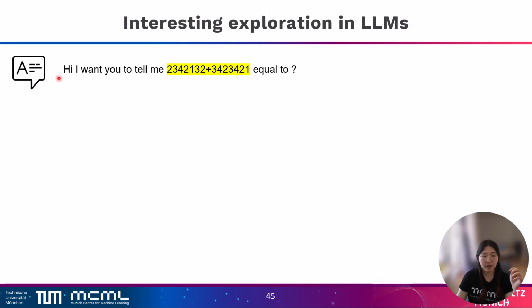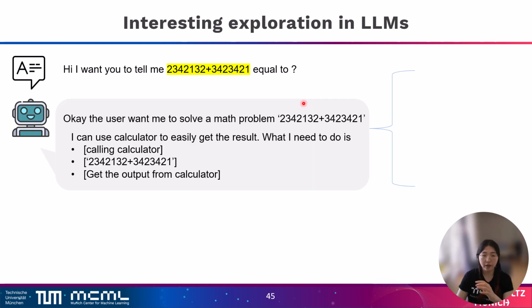So here, let's assume I ask a question: Hi, I want you to tell me what this equation equals. And then the large language model formulates an answer like this: Okay, the user wants me to solve a math problem, so I can use a calculator to easily get the result.